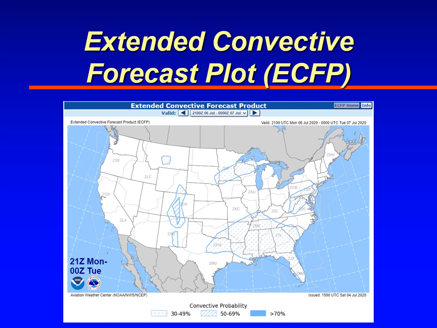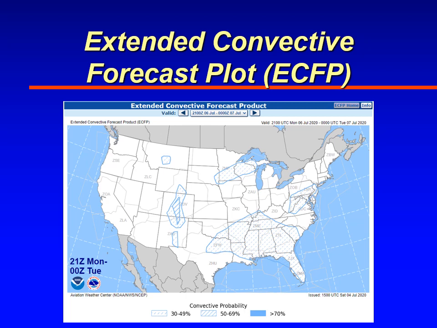Here's an example of the ECFP for a particular day this summer, and it shows the 3 different probabilities of thunderstorms or convection. The probabilities go from 30 to 49%, from 50 to 69%, and then the filled in blue areas are more than 70% probability that thunderstorms will occur over those regions.